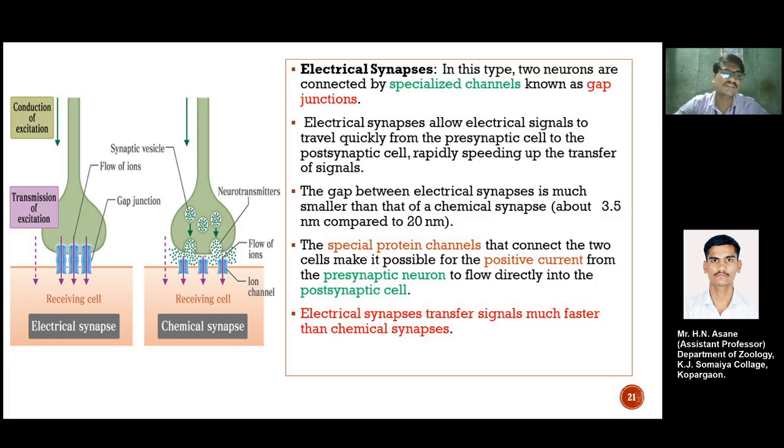As you can see in this picture, the conduction of excitation is done by means of the axon, carried by electrical impulses.